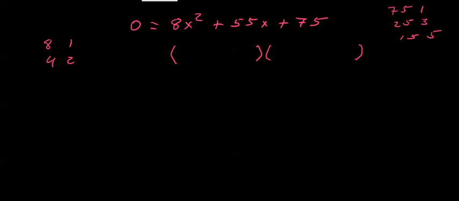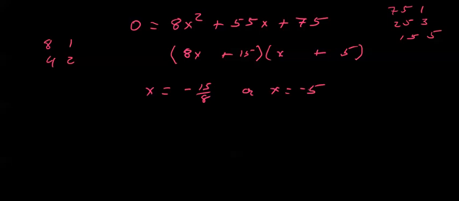And let's think about this. I think if I go with 8x and x, 5 and 15, that gives me 40 and 15 is 55. So x then is equal to negative 15/8, or x is equal to negative 5.